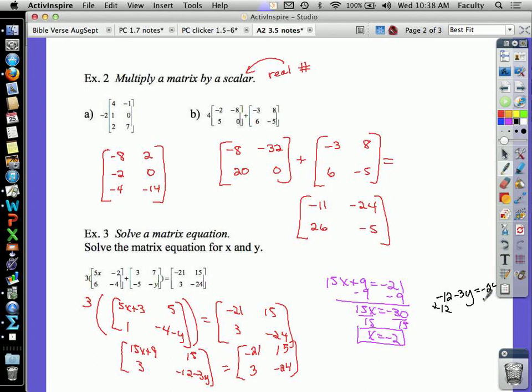So I add 12 to both sides and get negative 3y equals negative 12. So y equals 4.